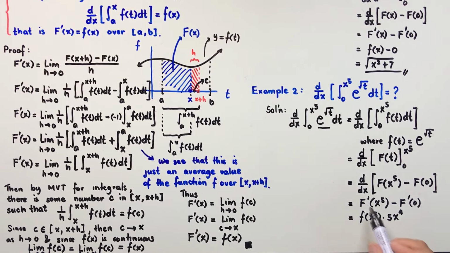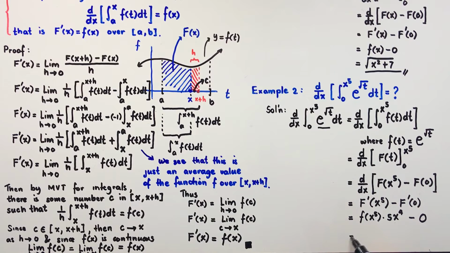So the derivative of our outer function big F is the small f, but using the chain rule, we need also to find the derivative of our inside function, which is x to the power of 5. That's why we have 5x to the power of 4. And the derivative of this big F of 0 is 0, because this is just a constant.